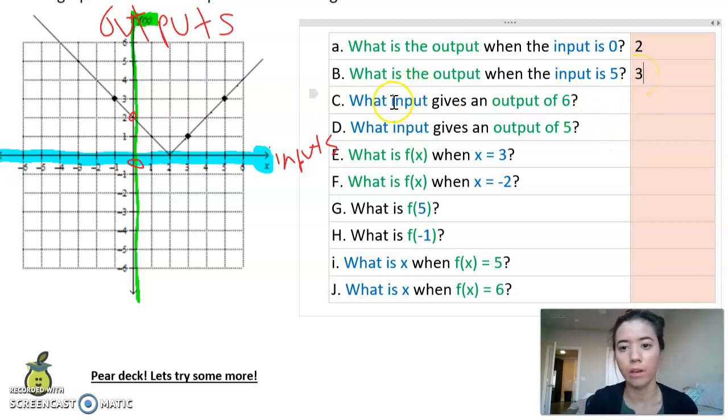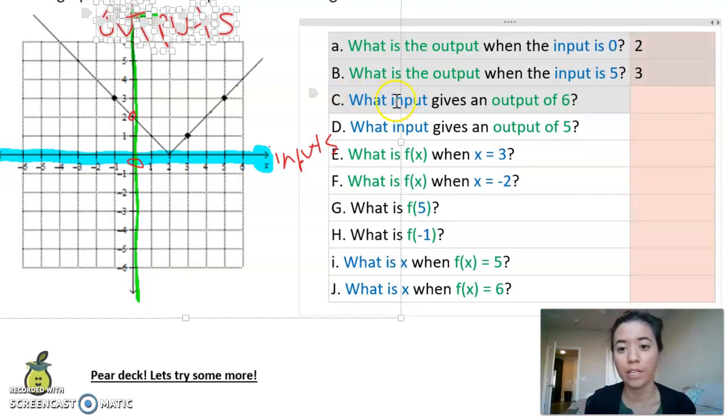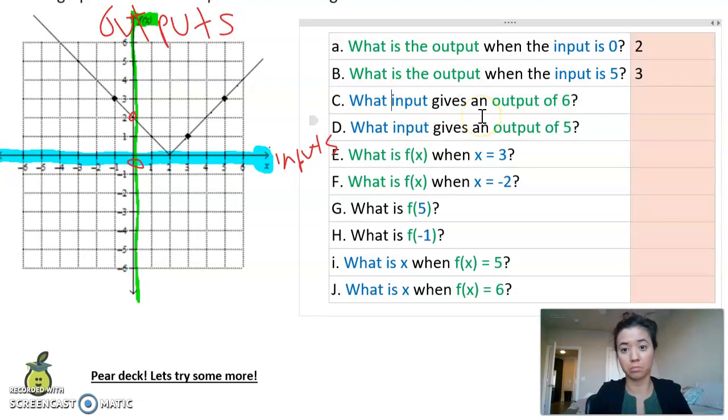Okay, now we're going to flip it around. What is the input? What input gives us an output of 6? So an output, or f of x, or my y, my function here, equals 6. It is the thing I'm putting out. So 6 here, what is my input? Now I move left and right.